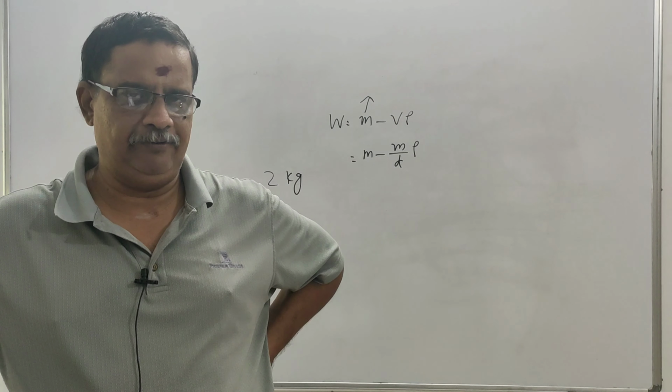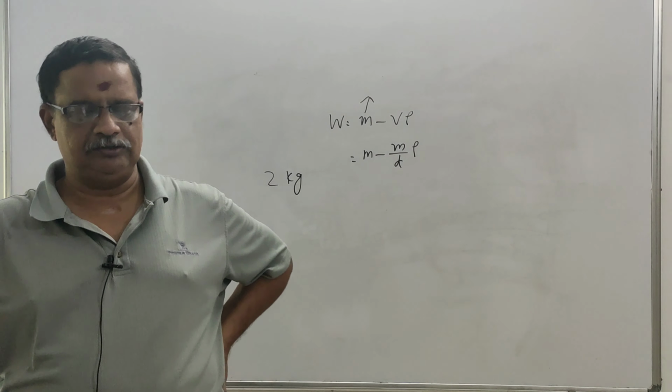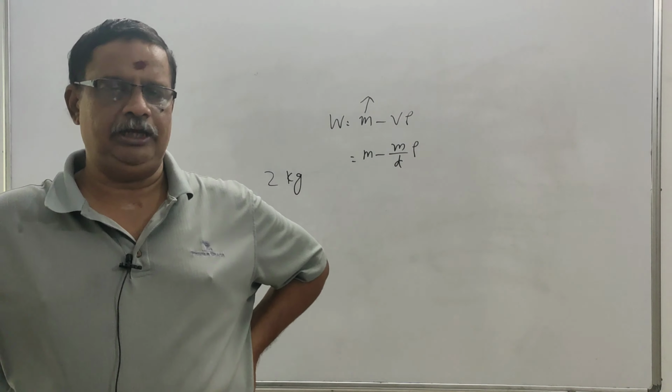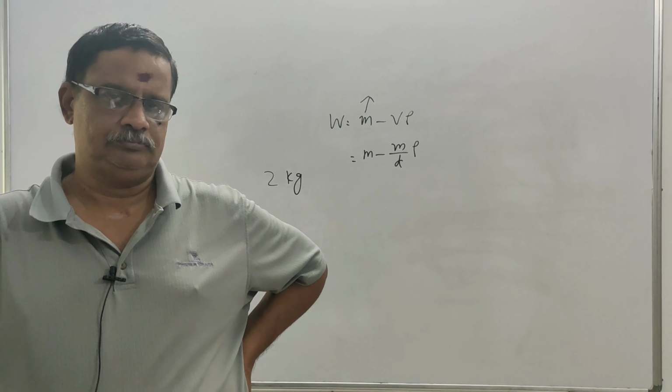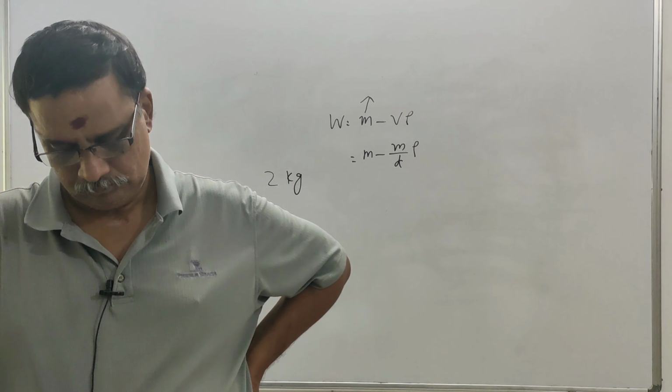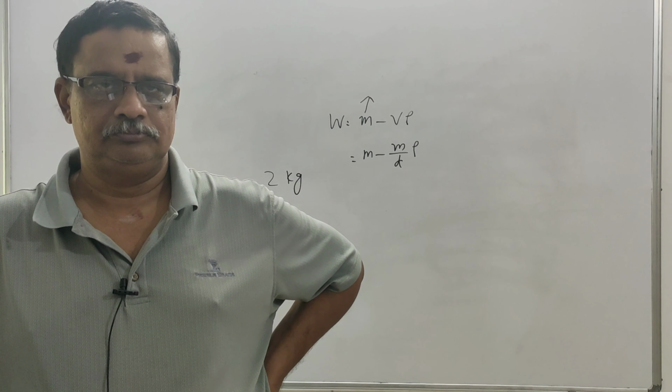Specific gravity is relative density. Both specific gravity and relative density are the same. A bucket weighs 2 kilogram and is made of a material of specific gravity 8. It has a capacity of 20 liters.